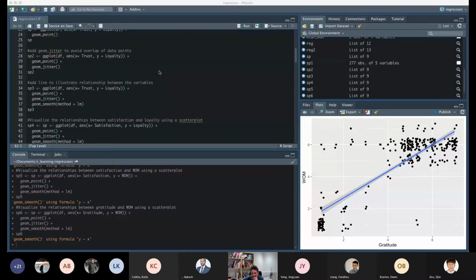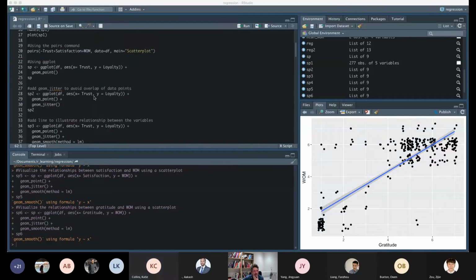Invalid graphic state. No, I've not seen that before. Which line is it? Lines 25 to 31, when I try to call up the graph. Sometimes when you just copy code, there might be something in it.